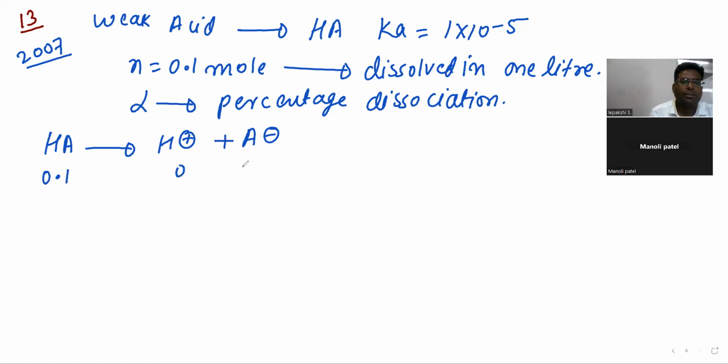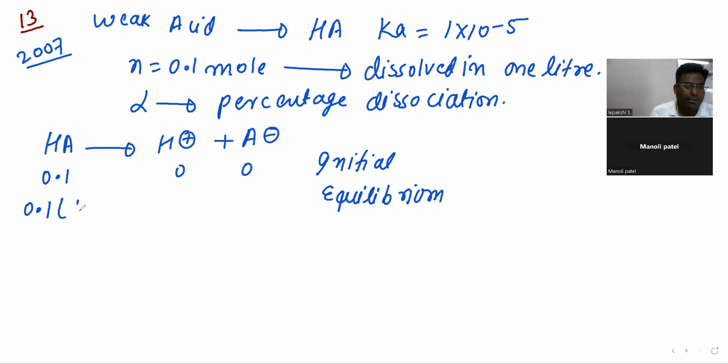The products are not formed, so they are 0. This is at initial. Now see the equilibrium part. So at equilibrium it will be 0.1 into 1 minus x, this is 0.1x, 0.1x, right?